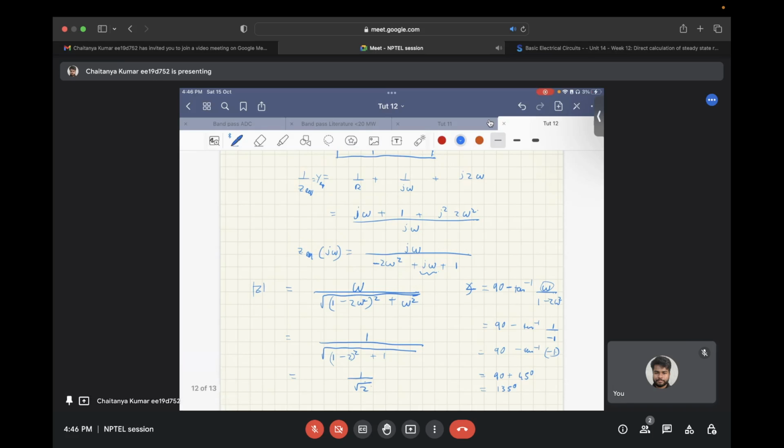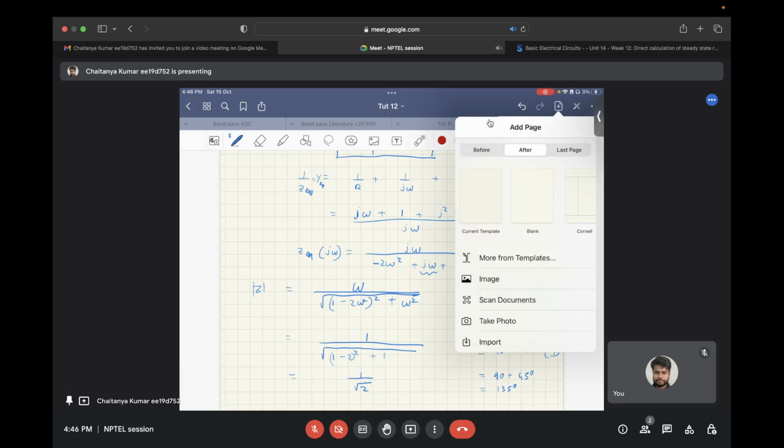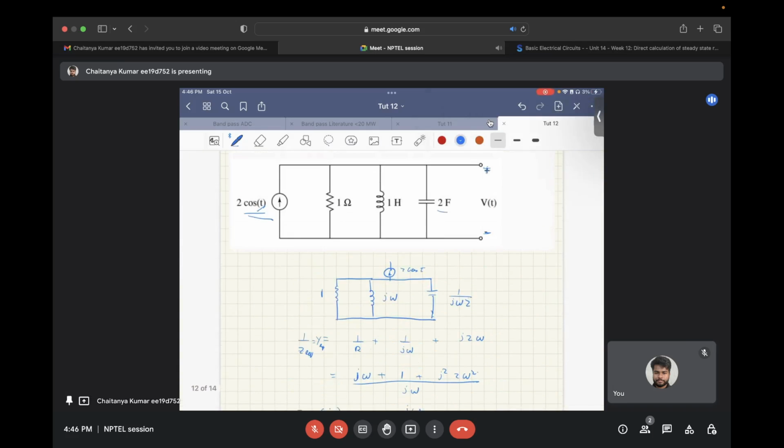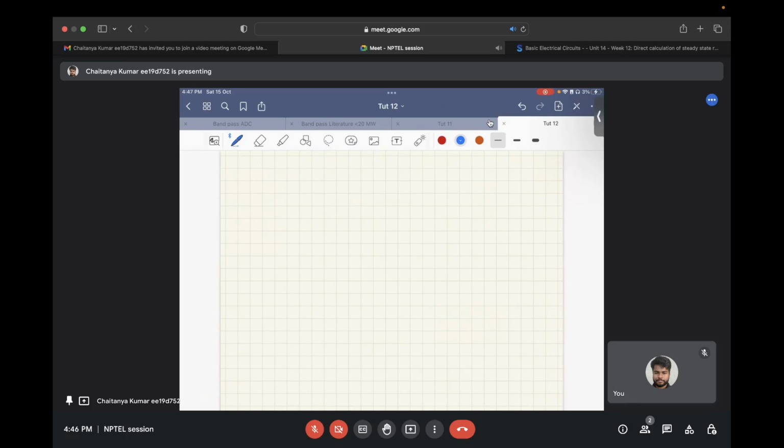Now the expression that we get finally is 2 by root 2 cos of omega t plus 90 plus 45 degrees. The omega is basically 1. Cos of t plus 90 plus 45 degrees. Now, this can be written in form of sine as, so cos of 90 plus theta is equal to minus sine theta.